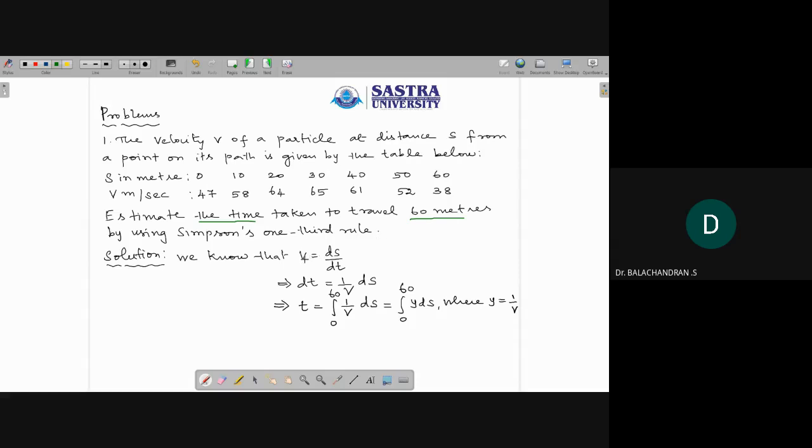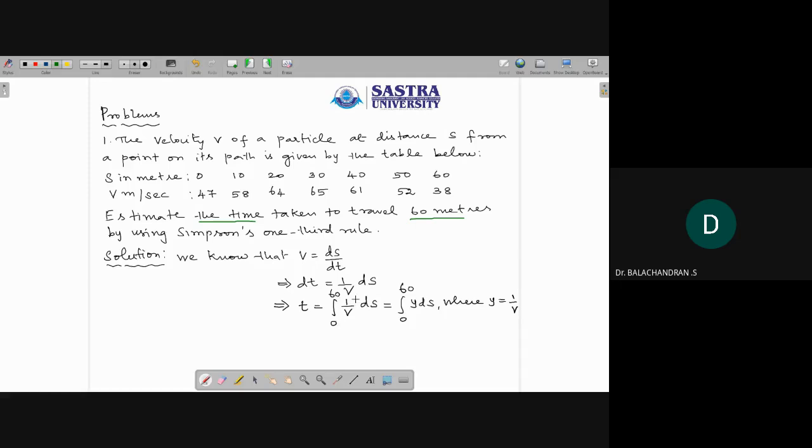Okay, we know the relationship between velocity and the distance. So velocity v equal to ds by dt. So dt equal to 1 by v into ds. So if you integrate both sides, you get t equal to integration 1 by v ds, where s varies from 0 to 60.